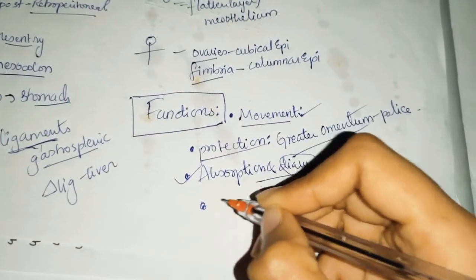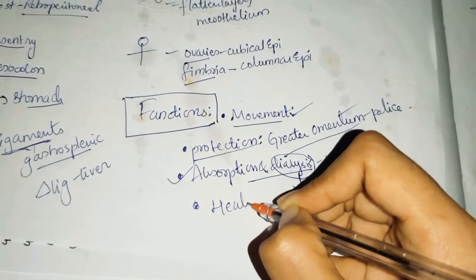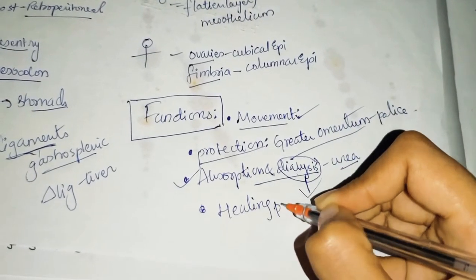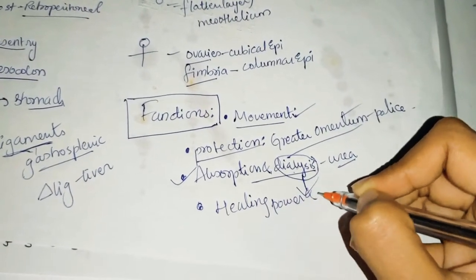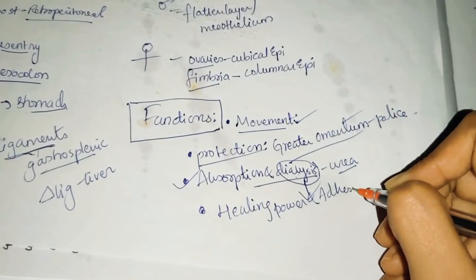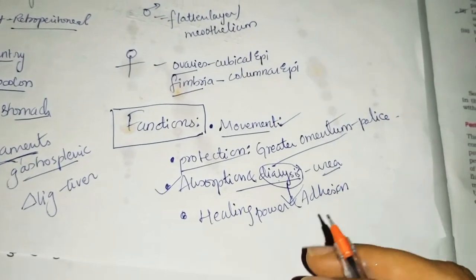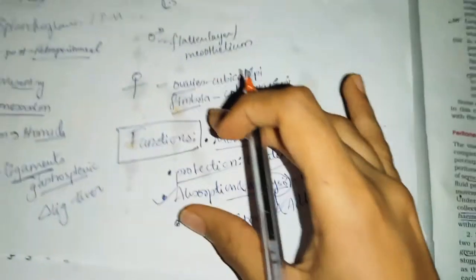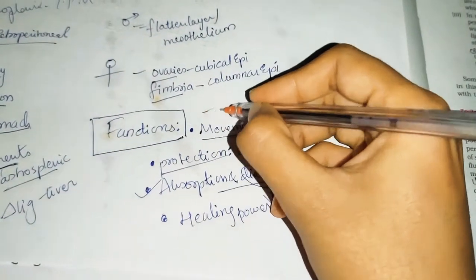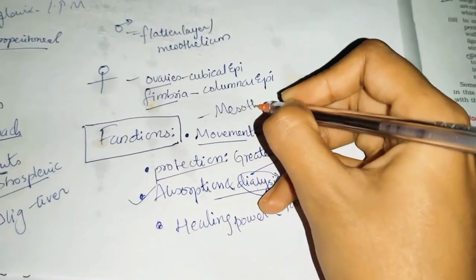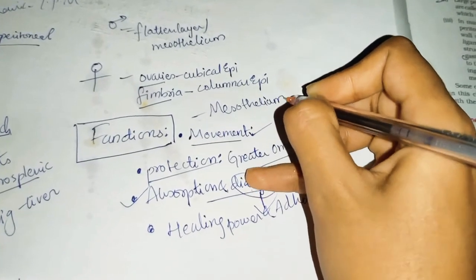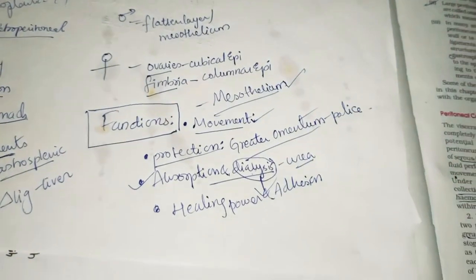Next, coming to healing power. What is healing power? And also adhesions. In almost all the functions of peritoneum you see the word mesothelium, which is the layer of the visceral peritoneum. So it has a major role in the function of peritoneum.